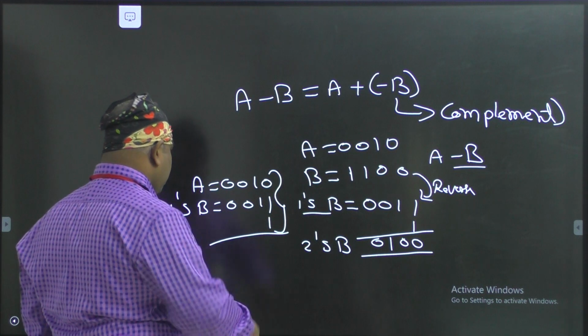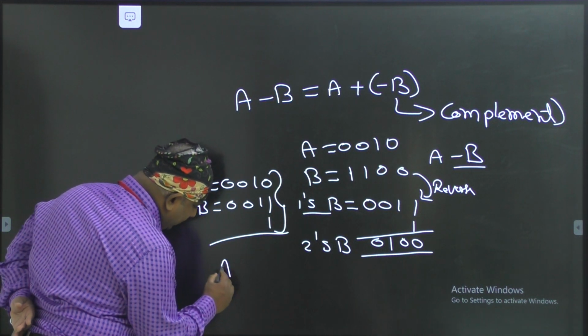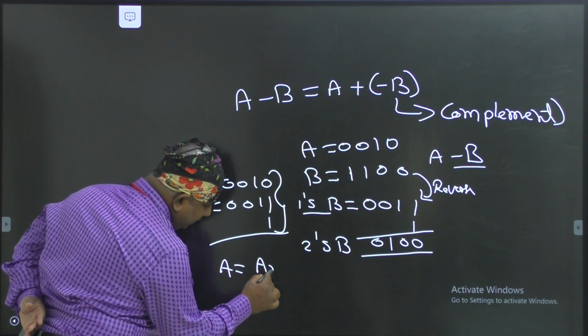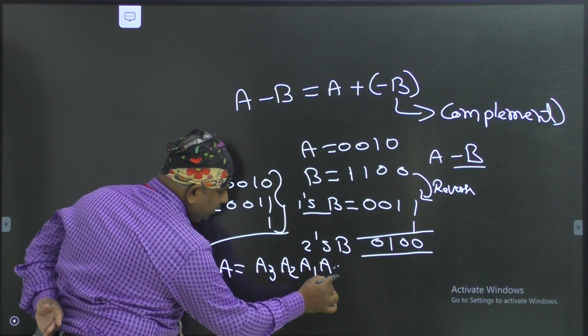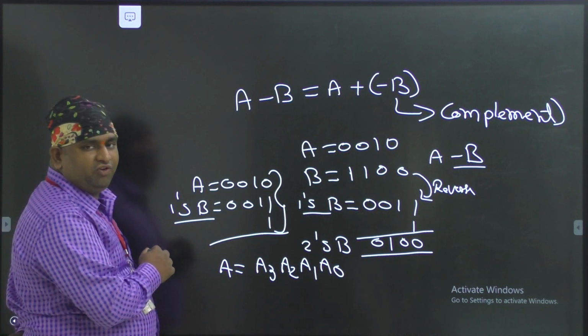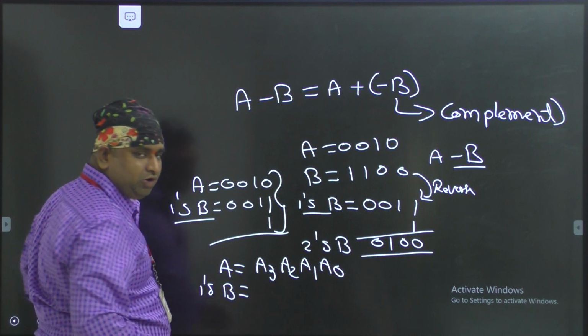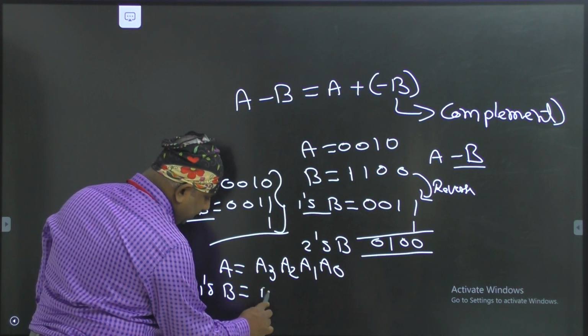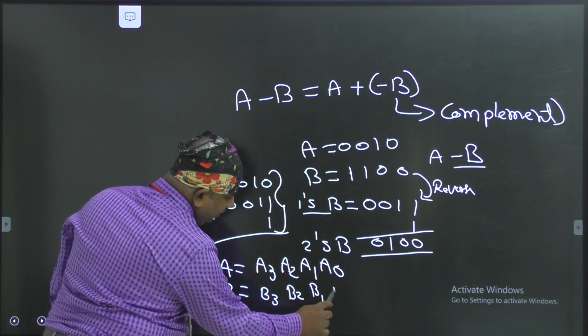The same operation I am writing in a generalized way, where A is equal to A3, A2, A1, A0. Here I am writing the ones complement of B, where B has the values B3, B2, B1, B0.